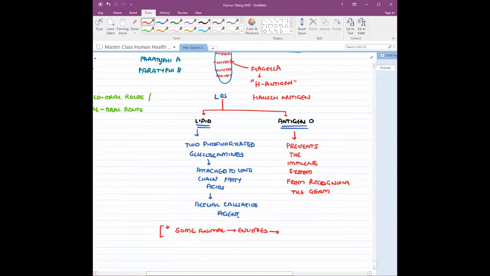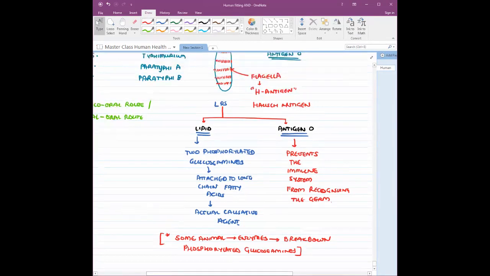So they break down the phosphorylated glucosamine groups. That is what we need to know about your lipopolysaccharide.